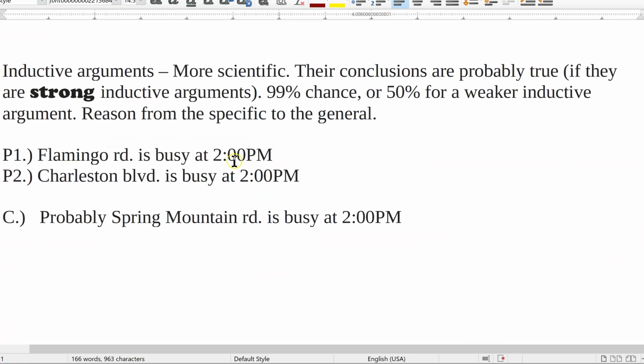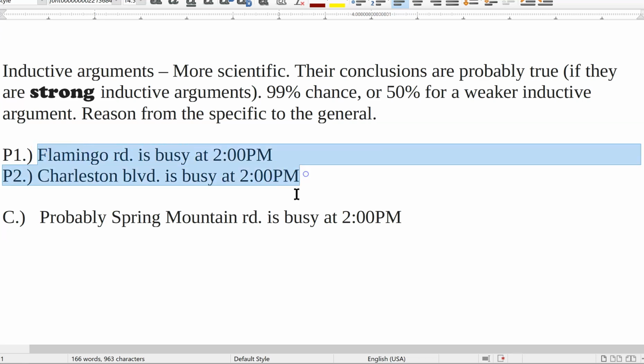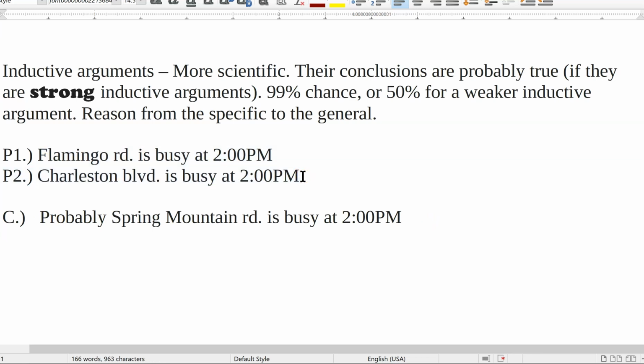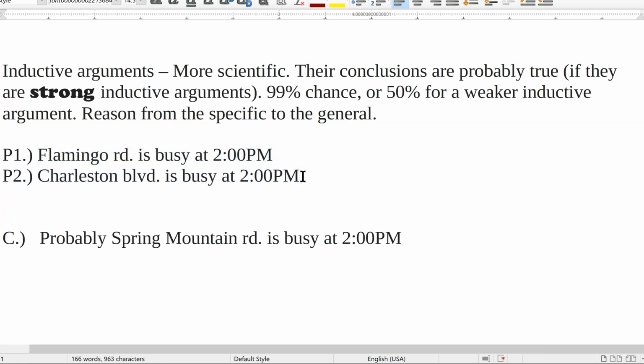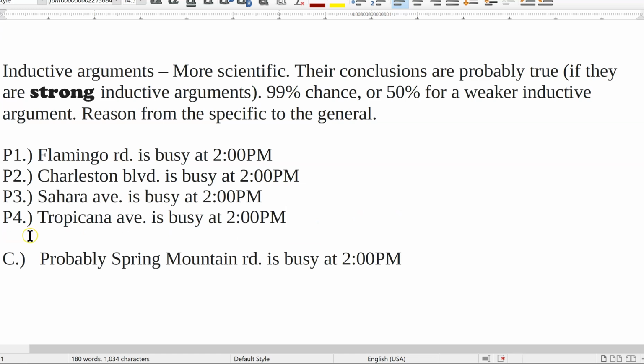Whereas with an inductive argument, there are lots of ways this could not be true, right? We could come to lots of different conclusions from this. I could have said probably most of the roads in downtown Las Vegas are busy around 2 p.m., right? These premises do offer support for this conclusion, but it's imperfect, right? So, and inductive arguments also have this feature.